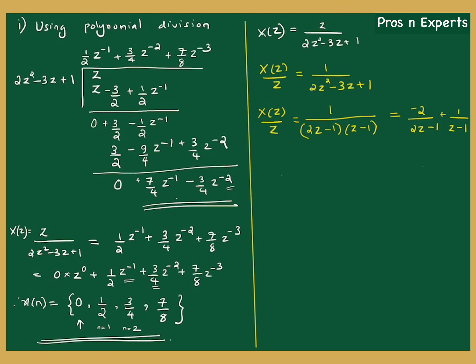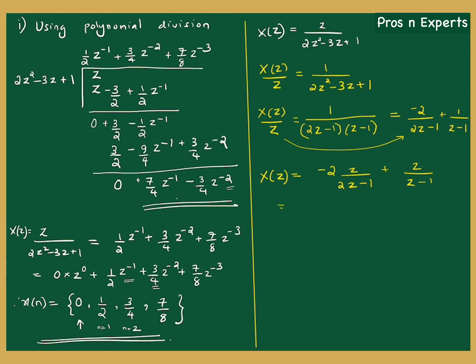So this is the factorized form of x of z by z, not x of z but x of z by z. Now listen. Since x of z by z is equal to this term, I can write x of z by cross multiplying z to the numerator of both the terms: minus 2 into z by 2z minus 1 plus z by z minus 1.